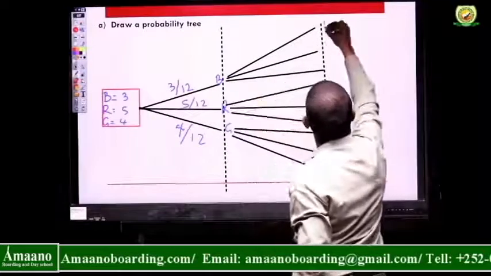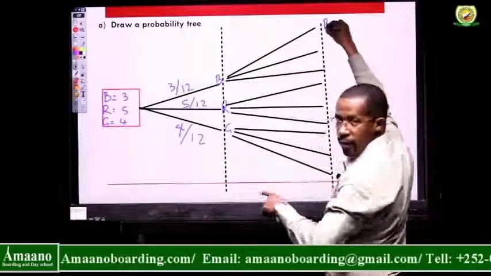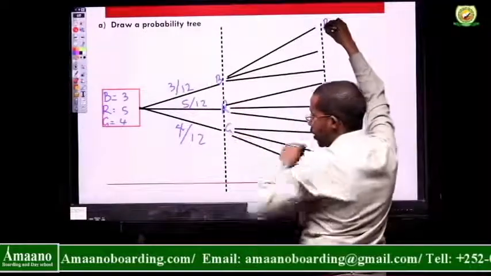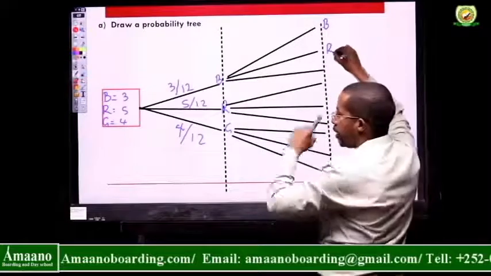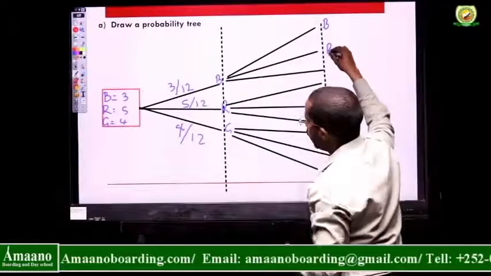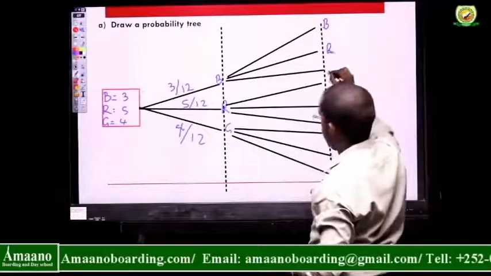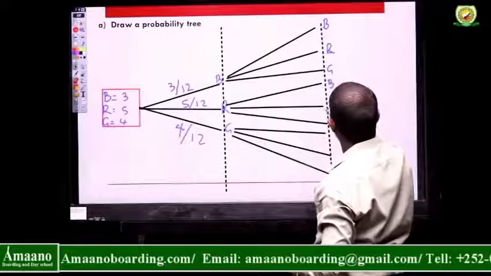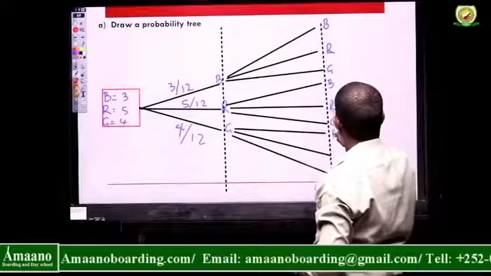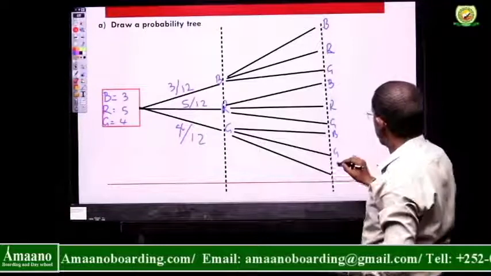This will be getting blue if the first time he got blue. Red, given that the first time he got blue. And then green, then you continue. It's repeating. Blue, green, and red.